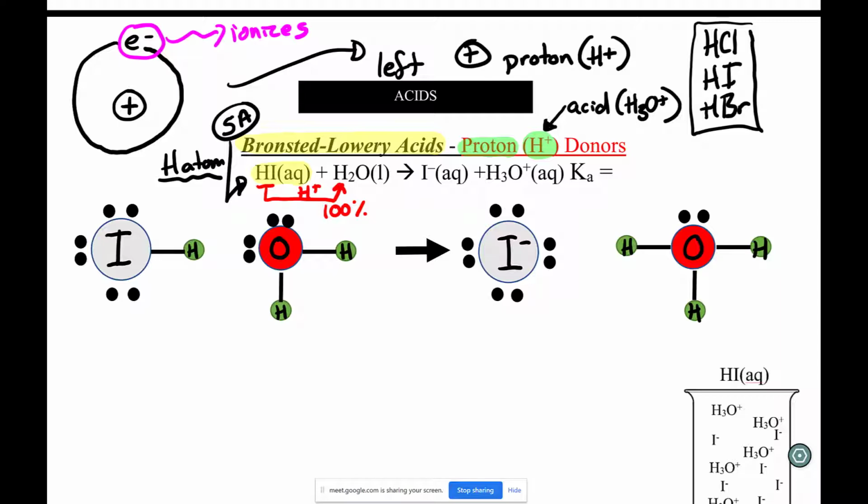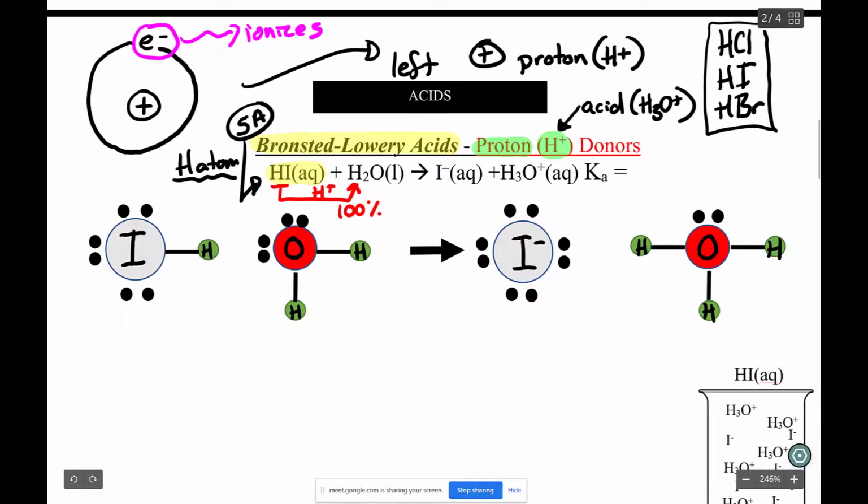If we were to look at the polarity of HI, this would be a very negative part of the molecule, and this would be a very positive part of the molecule. Now, if you were to look at water, water would be very negative around the oxygen and very positive around the hydrogens.